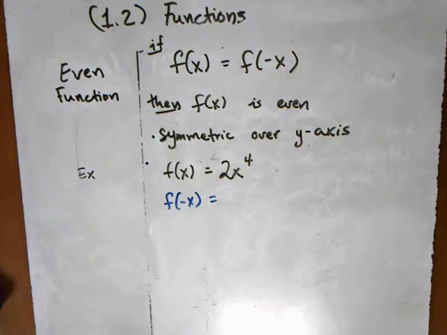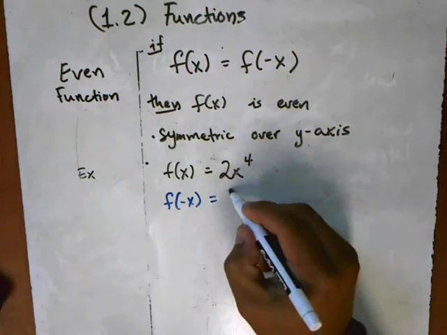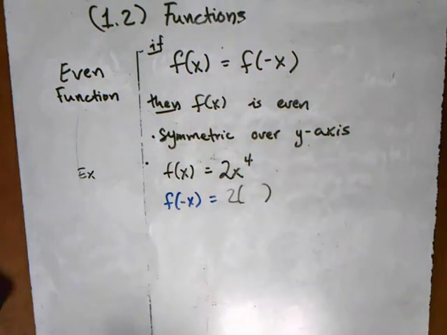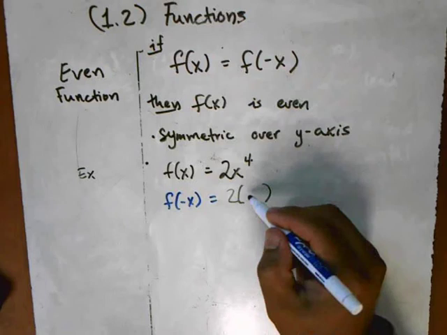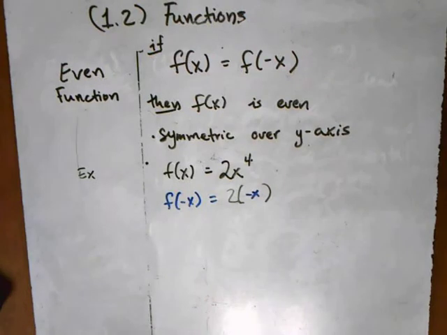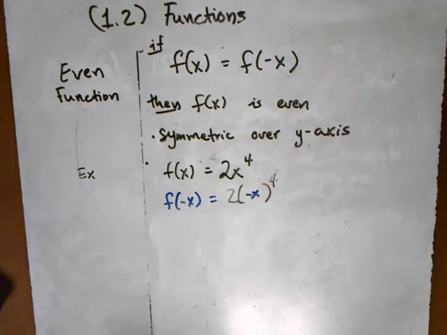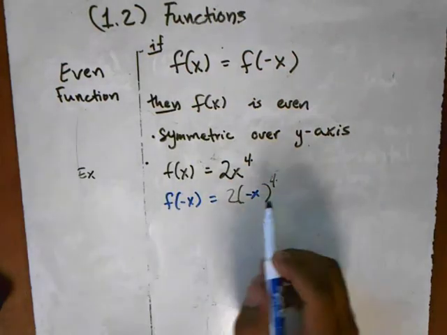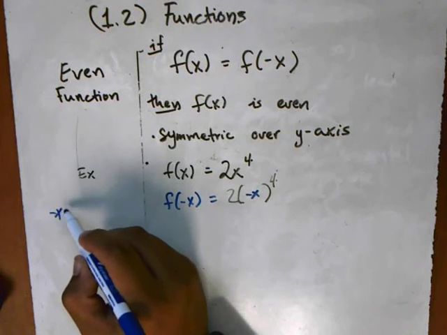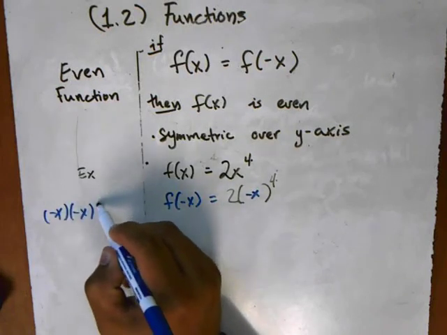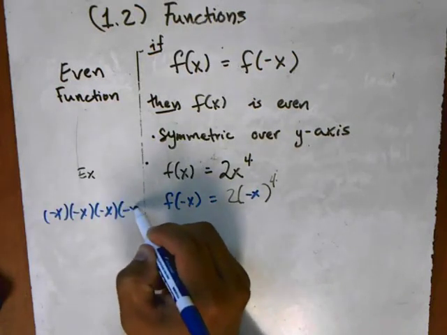If you recall from earlier, this is just saying take this equation and substitute negative x in there. Oops, I forgot the fourth power. So if I take this equation and work it out, negative x to the fourth is just negative x times negative x times negative x times negative x.